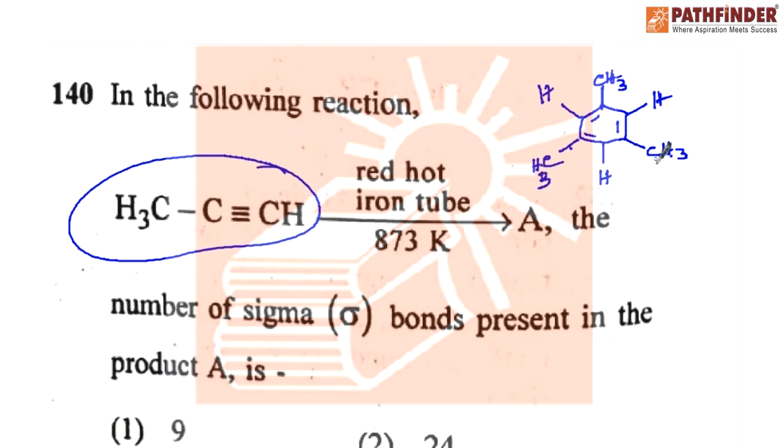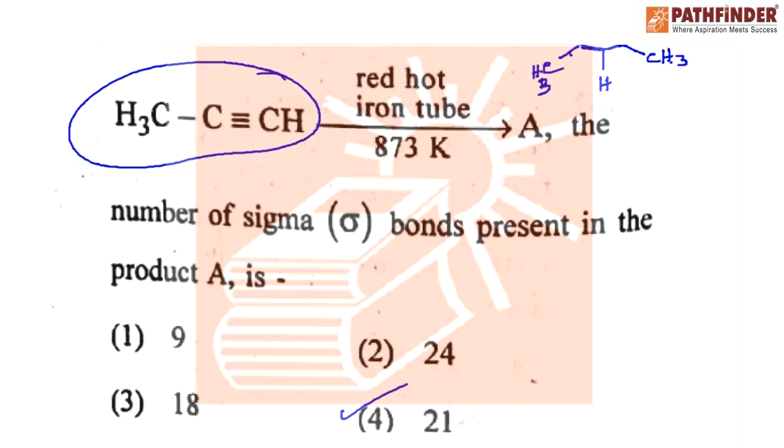After 12, what we have to do is count these hydrogens also, 1, 2 and 3. So 12 plus 3 automatically comes 15. After that 16, 17, 18, 19, 20, 21. So in all there will be 21 sigma bonds.